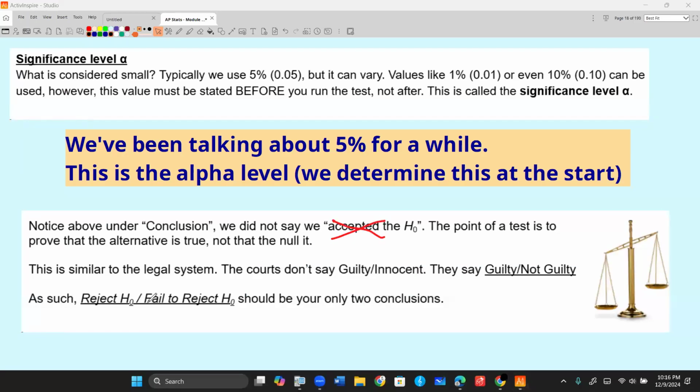We have to fail to reject it. Think about going to court. You're never really proved to be innocent. You're just proved to be not guilty. So it's kind of like a guilty, not guilty situation. We either reject the null hypothesis or we fail to reject, guilty or not guilty.